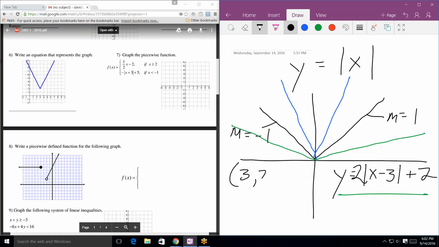So does 3 comma 2 fit that equation right there? What would the x be and what would the y be? Would the x be 6? Or no, the x would be 0. No, if this point is on that curve, then the y has to be 2. So I'm going to plug in, is this an equation? And the x has to be 3.